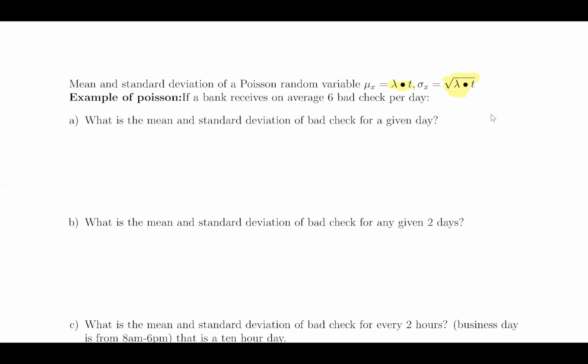All right, so let's go ahead and just do this problem. So for this one, it says, what is the mean and standard deviation of a bad check for a given day? So we're doing this for a given day. So that means t is equal to 1. It means lambda is equal to 6. So if I want to find mu, you do 1 times 6, which is 6. You also want to find the standard deviation.